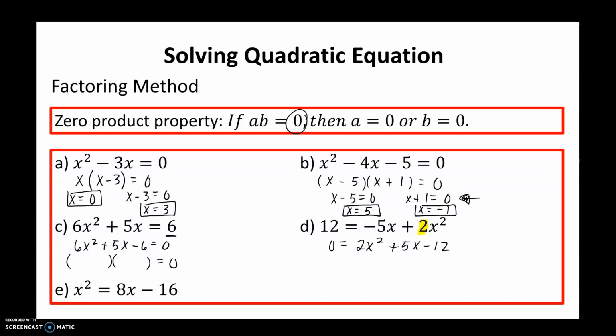Okay, you can finish that problem. And then lastly, part E, again, when I look at my squared term, that's positive, so I'm going to move these two terms to the left. x squared, I have to subtract 8x from both sides, and then I have to add 16. Now the equation's set equal to 0. So please complete C, D, and E. Factor those for me.